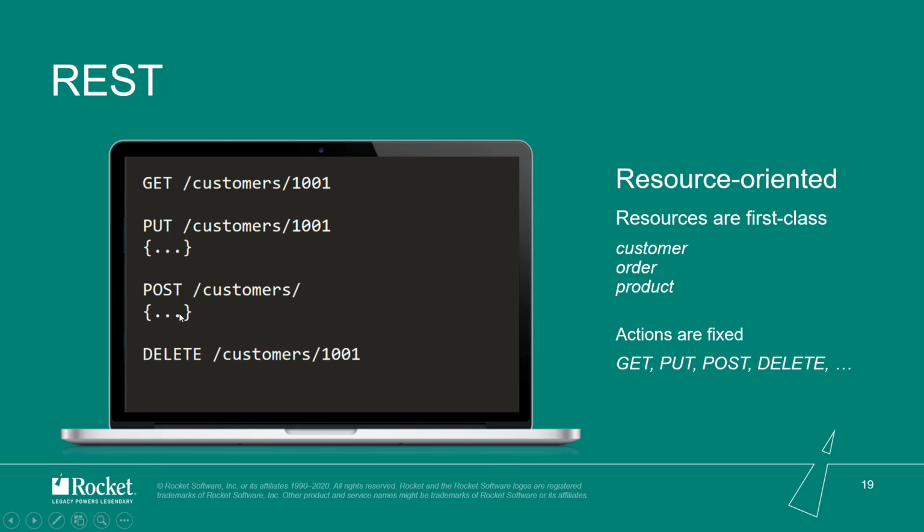Inside the payload to your post request, you would perhaps have the ID that you wanted to create in the database, or maybe the database would be in charge of allocating that ID itself. But this is how you would create a new resource under the customer's collection. And deleting, of course, you would need to send the ID of the resource that you wanted to delete.